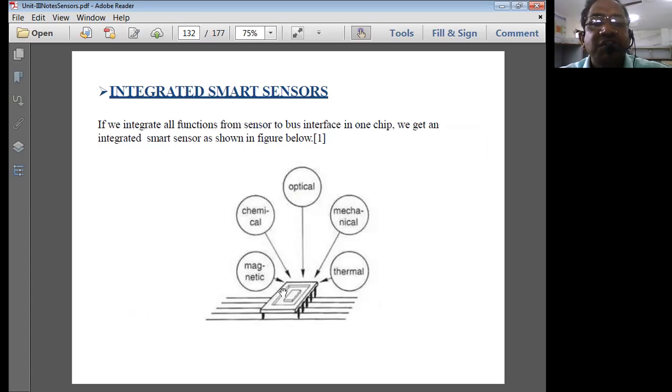In a single IC chip, we normally have various sensors, such as a magnetic sensor, chemical sensor, optical sensor, mechanical sensor, and thermal sensor, all connected in a single chip, and the single chip is connected to the bus interface unit. This is the integrated smart sensor integrated circuit.